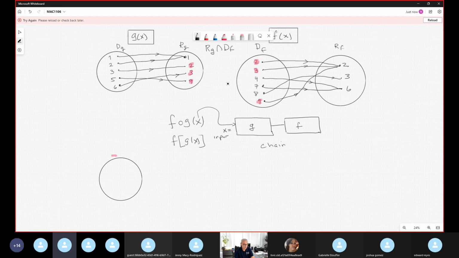I bring it down, but I bring it down specially. I exclude 1 and 2, no. Why no? Because they are associated with 1, and 1 does not guarantee the continuation here. So basically, I copy not completely the domain of g. I copy a subset: 3, 5, and 6.